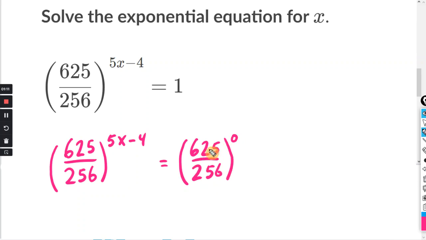Now this right here will just equal 1 because it's to the power of 0. And since the fractions match, we can just equate the exponents. So now we know that this exponent here will just equal 0. So 5x minus 4 equals 0.